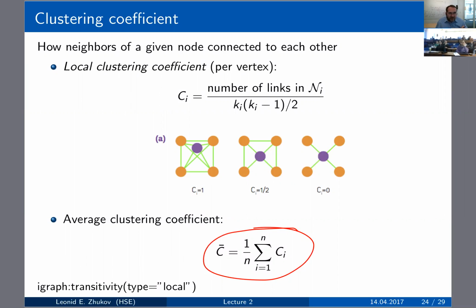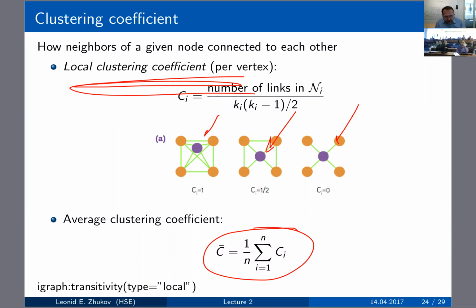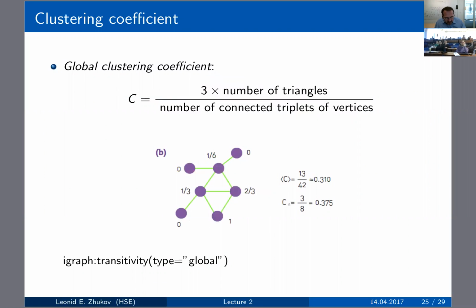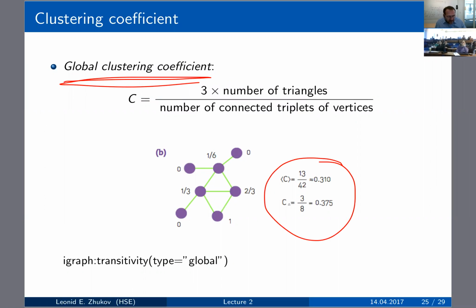So the rule of thumb is whenever you want to talk about individual nodes, you use this local clustering coefficient. Whenever we want to talk about the big picture, the graph itself, we use global clustering coefficient. And this example, by the way, shows that this C triangle is this global clustering coefficient, and this C average is from the previous slide. So the values will differ slightly.